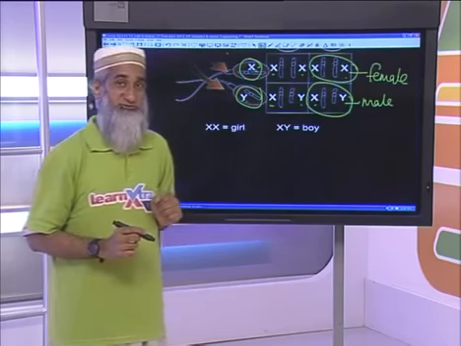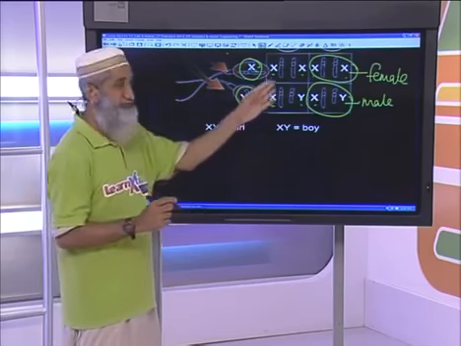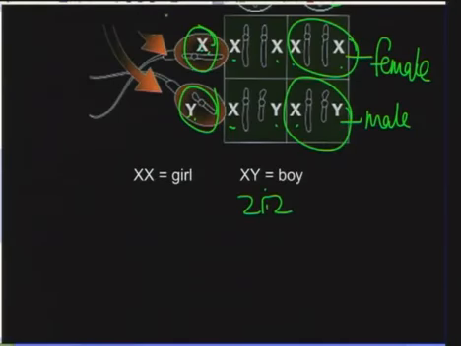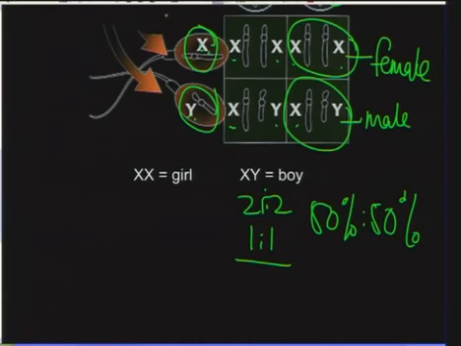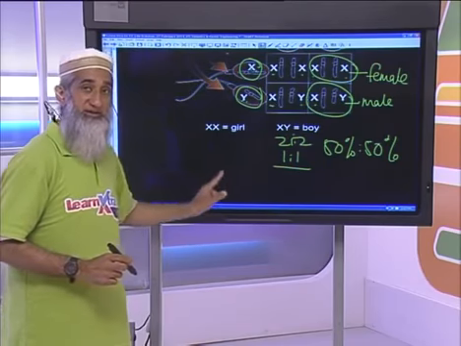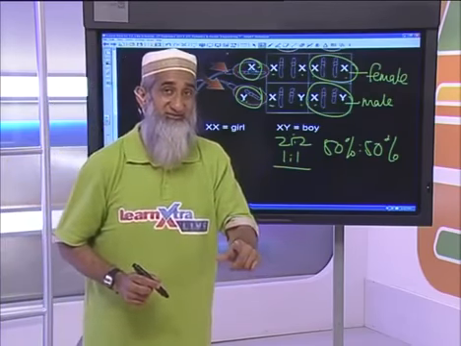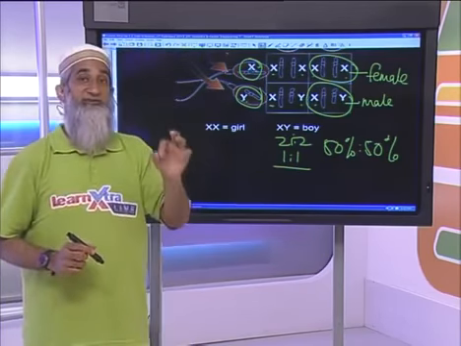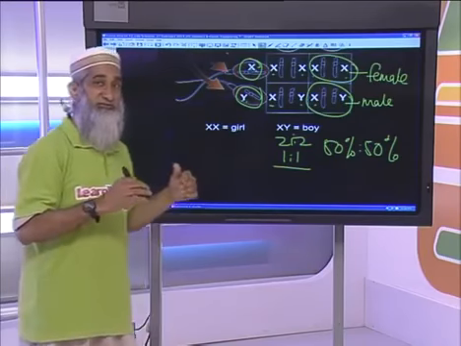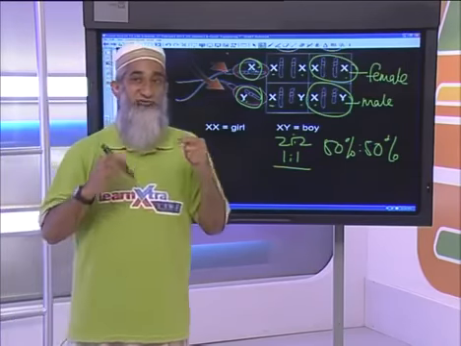The probable ratio is obviously 2:2, or simpler, 1:1, or 50% to 50%. That means every time fertilization takes place, according to the laws of probability and genetics, there is a 50% chance of having a boy child and a 50% chance of having a female child.